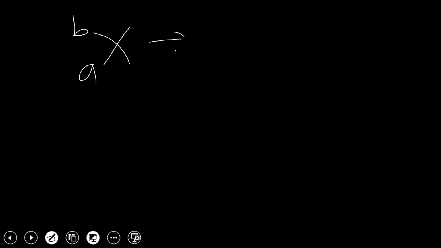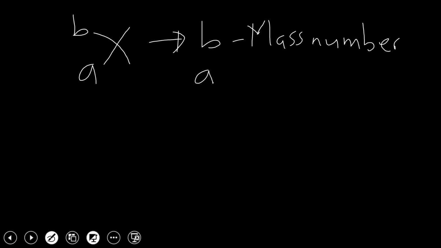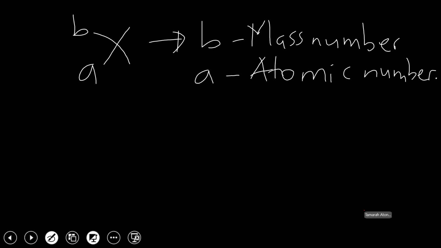The letter on top, A, represents the mass number, and the number down represents the atomic number. Are those letters constant?